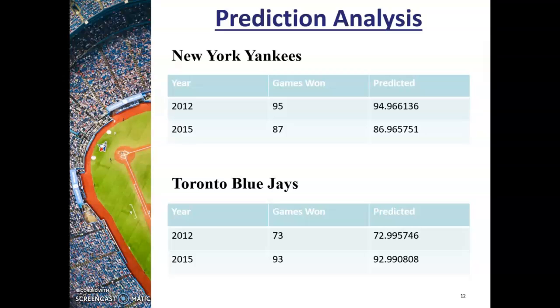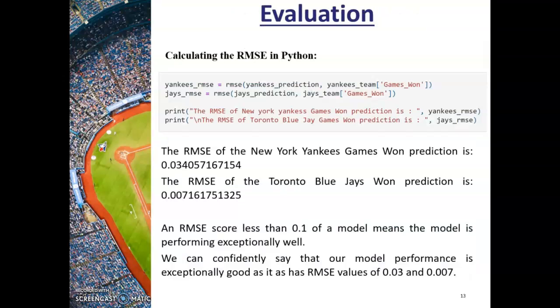Let's now look at our model's RMSE score to judge how accurate our regression model is. RMSE stands for root mean squared error, and is calculated by taking the square root of the mean of the squared errors.